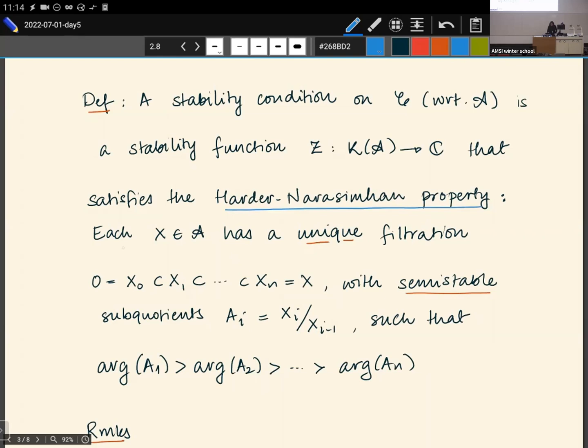Okay, so every object has a unique filtration into semi-stable subquotients, which go in decreasing order. I don't expect you to follow this right away, but the consequence of this is that each object can be broken up into pieces which are semi-stable, and not only that, this decomposition is a unique decomposition.